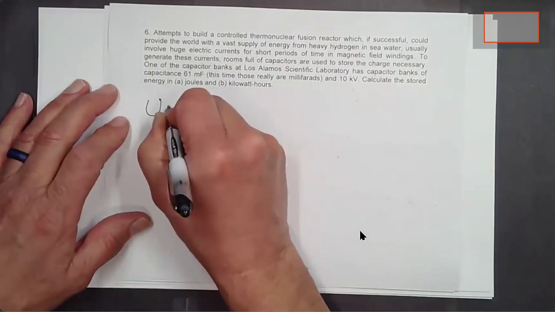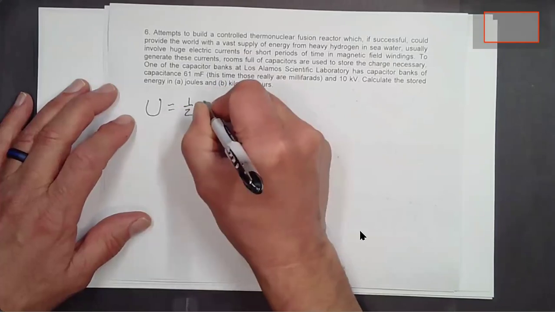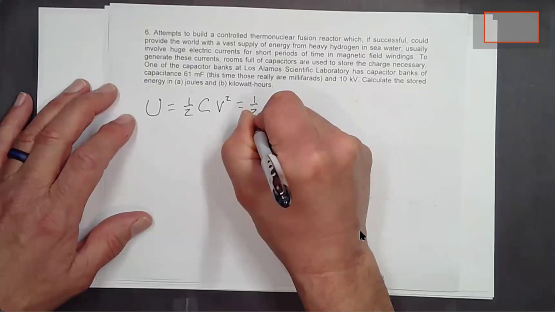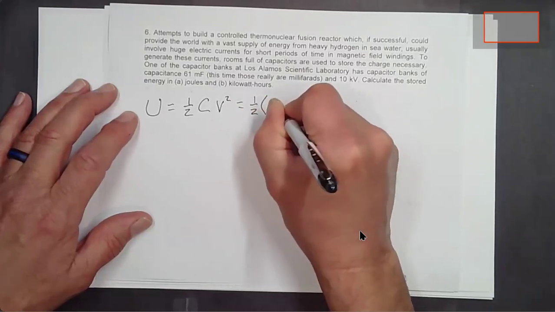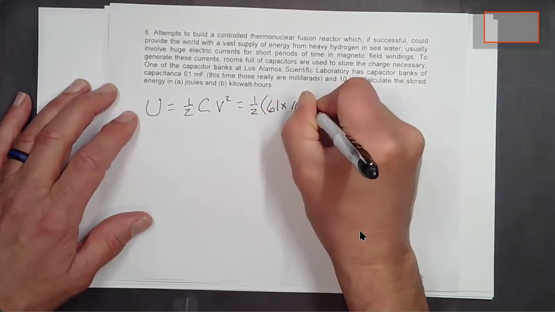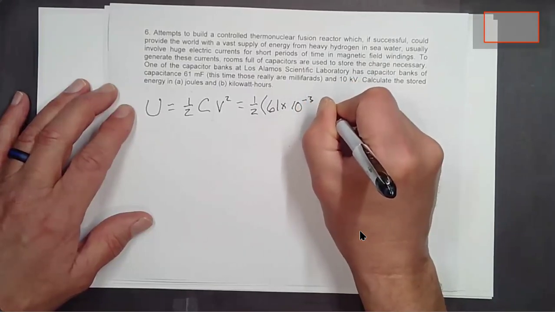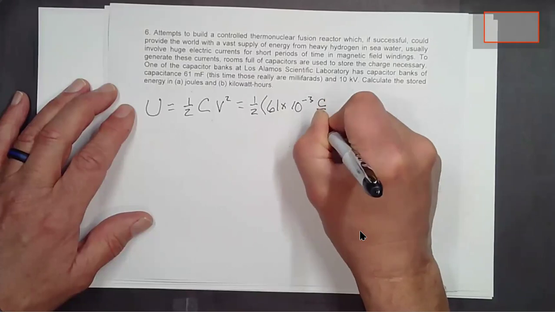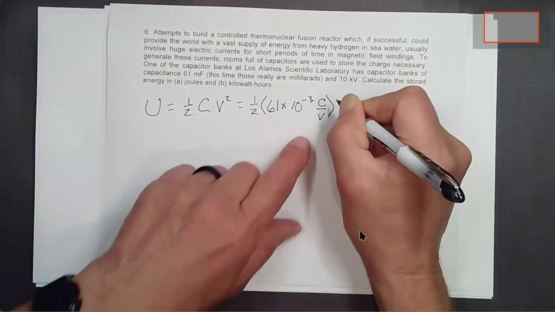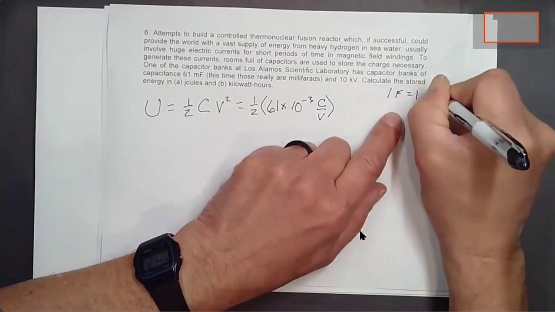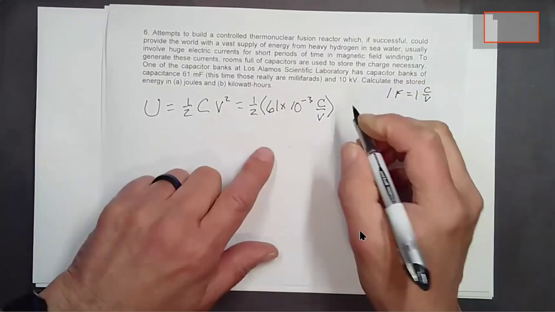Well, it's just going to be 1/2 CV squared. So 1/2 times 61 times 10 to the minus third coulombs per volt. Again, that's what a farad is: 1 farad equals 1 coulomb per volt, just a reminder.